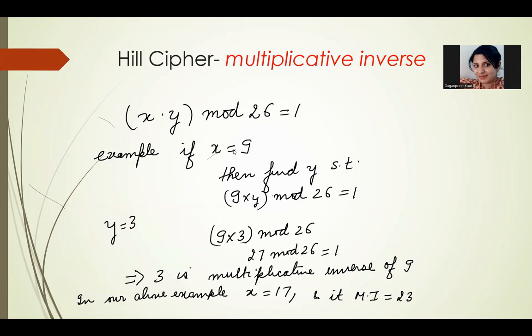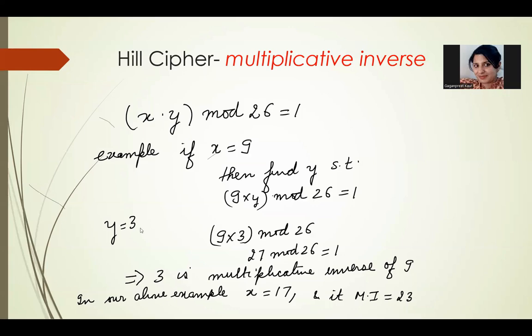So if x is 9, to find the multiplicative inverse of 9, I have to find the value of y such that when y is multiplied by 9, the product, when I take the modulus 26 of that, should return me 1. That is, the remainder should be 1.